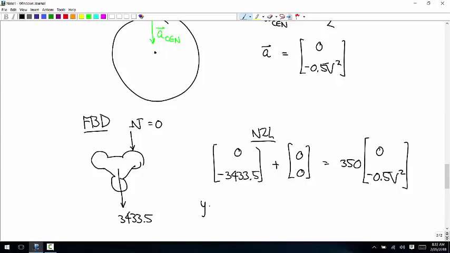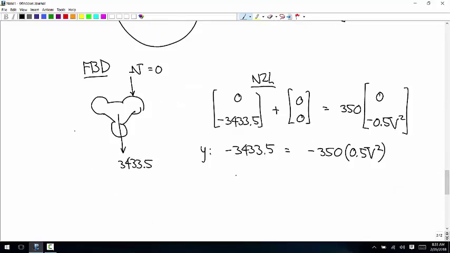And so the y equation says negative 3433.5 is equal to negative 350 times 0.5 v squared. Divide both sides by 350: negative 9.81 is equal to negative 0.5 v squared. 19.62 then is equal to v squared.